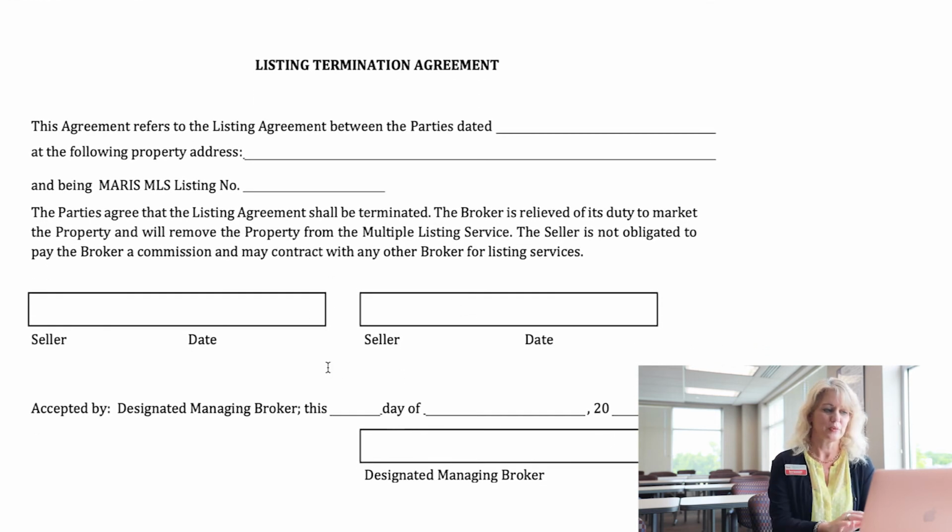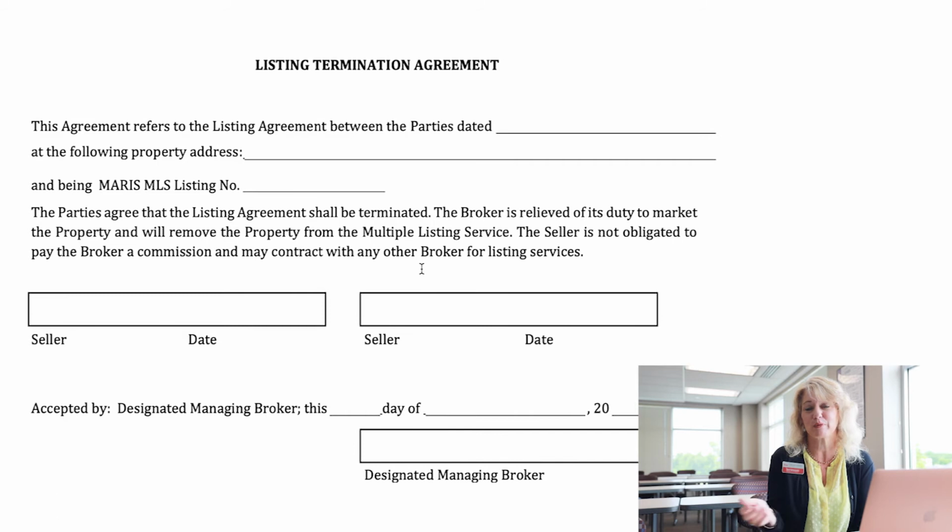So I would sign that form. In this agreement, the seller is not obligated to pay the broker a commission and may contract with any other broker for listing services. So if you recall, in the commission paragraph in the listing agreement, there is that little blank that we talked about filling in, and I had said you could put in 30 or 60 or 90 days.